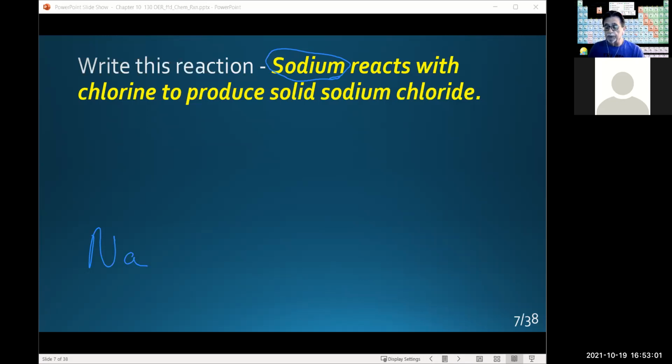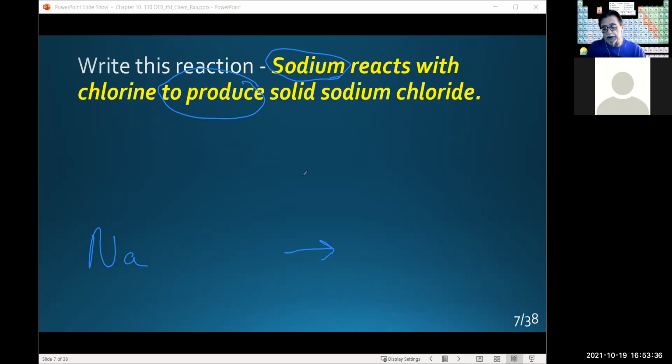Now, how do we know what is reactants and what is products? A lot of the keywords that represent the arrow are things like to produce, okay? To produce is the indication of the arrow, or it could be react with or make or anything of the term, any kind of word that suggests that whatever I talked about before, something happens to them to make whatever the products are.